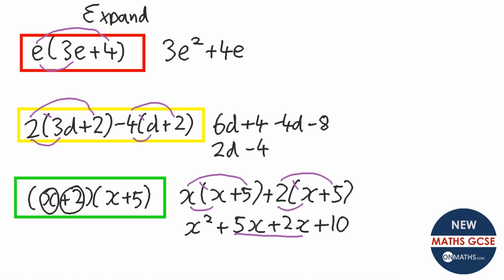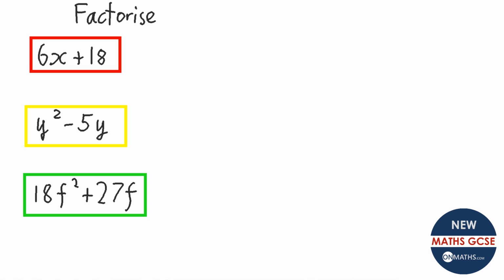Then we've got these two middle ones here that add together, so we have x squared plus 7x plus 10, which is our answer.